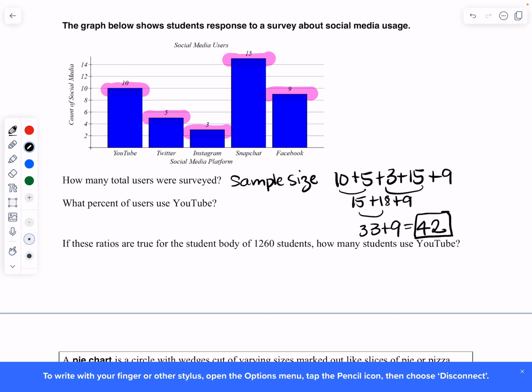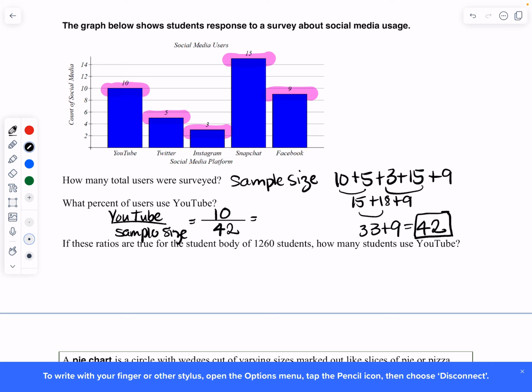So if we take YouTube, we're going to take the number of people who watch YouTube over the sample size. Okay, so YouTube was 10 over the sample size, which is 42, and we're going to divide that. So 10 divided by 42.